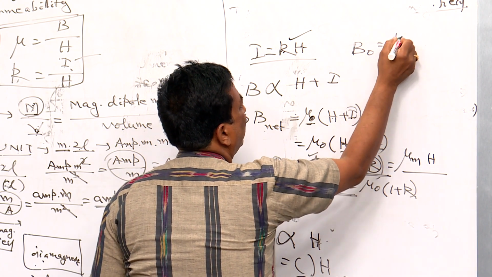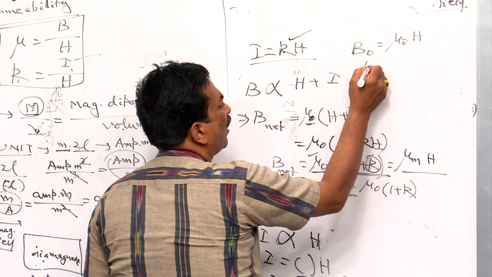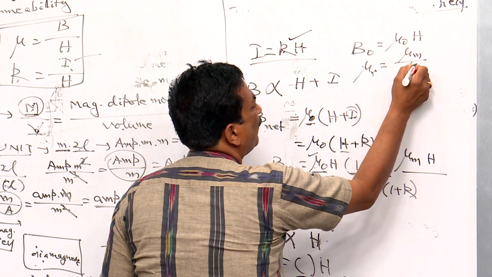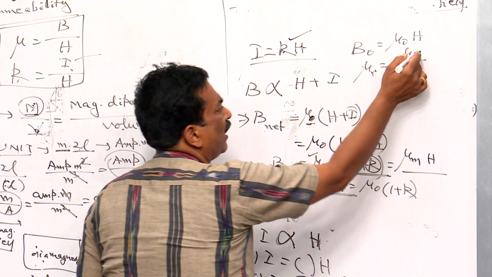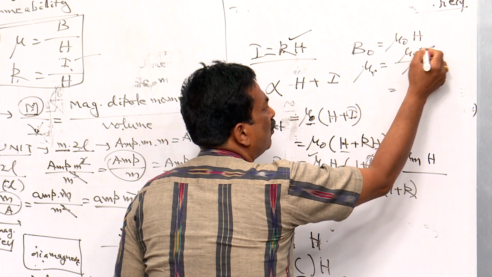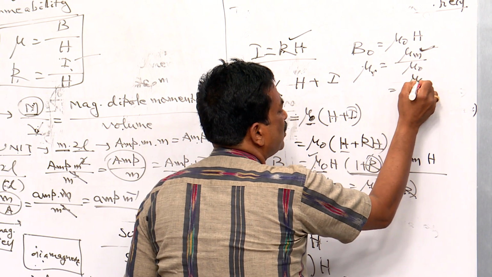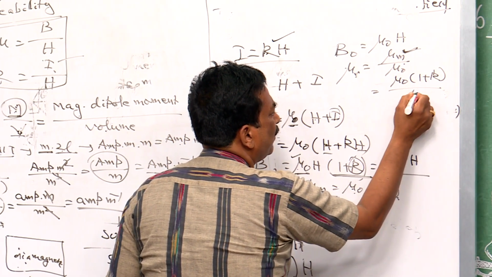B0 is equal to mu 0 H, and the relative permeability mu r is equal to mu m by mu 0. Mu m is equal to mu 0 into 1 plus kappa, divided by mu 0.